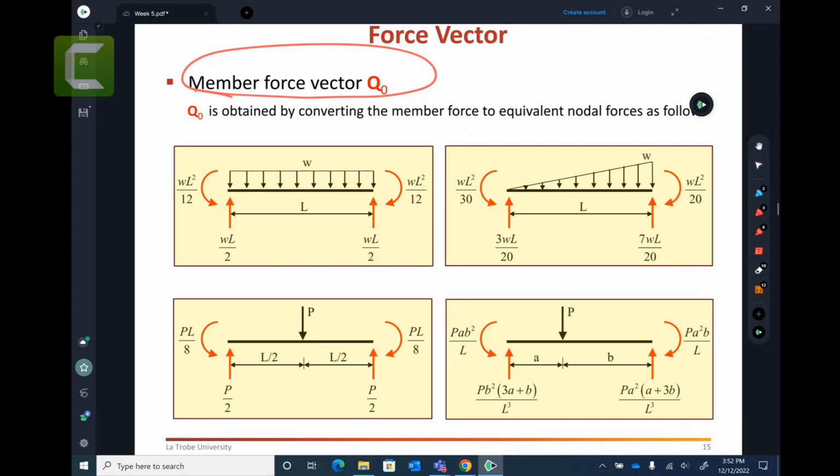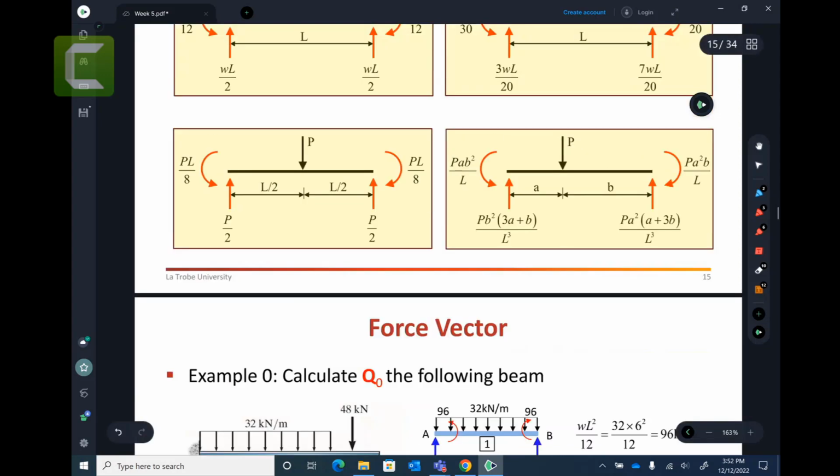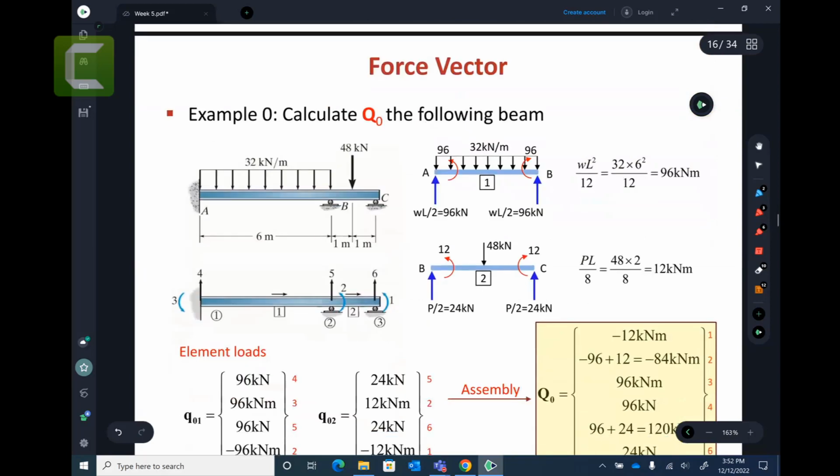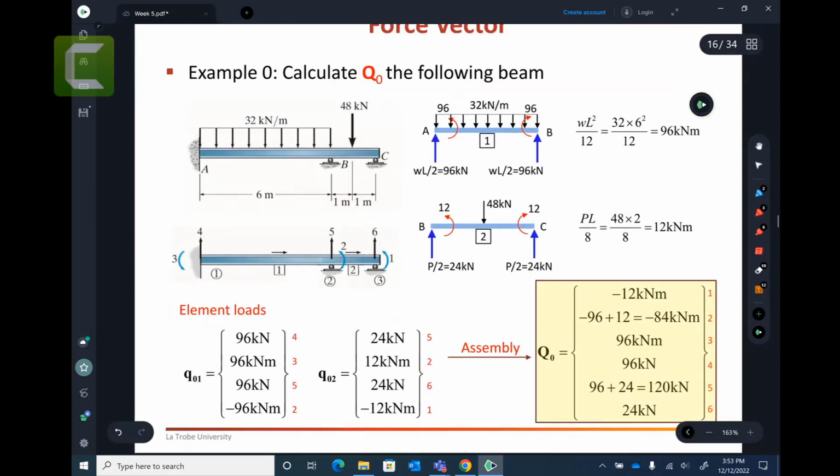Now in here, don't worry, we will come back to these figures and how to use them. What does the Q0 represent? The stiffness method does not like forces acting on the members. It likes it when the forces are coming at the nodes.